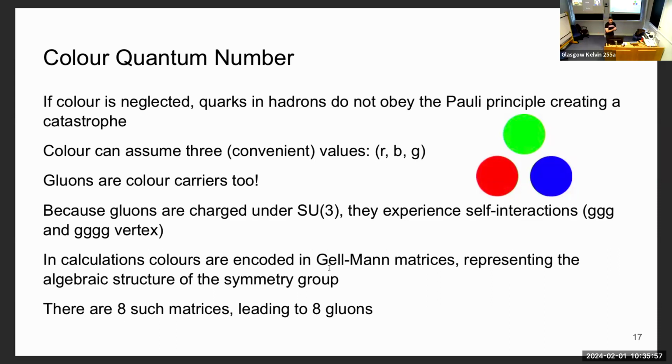The photon does that too, right? But also the gluon can interact with another gluon, which makes things extremely messy, but also makes sense in the theory. So you can have vertices with 3 gluons or 4 gluons, and this leads to the Gell-Mann matrices, which represent the structure of this SU3 group. And there are 8 of these matrices, which means 8 kinds of gluons, if you consider the color combination.